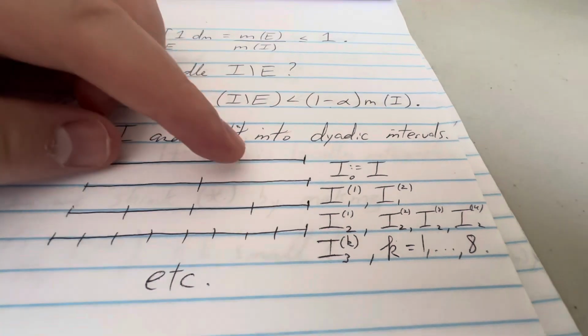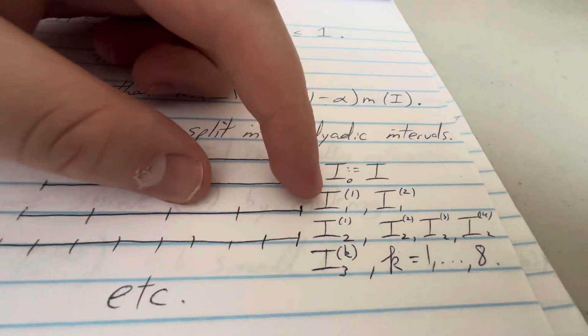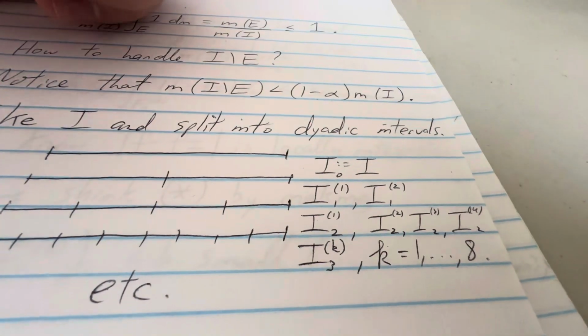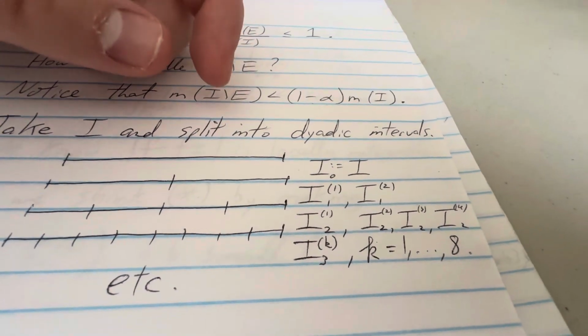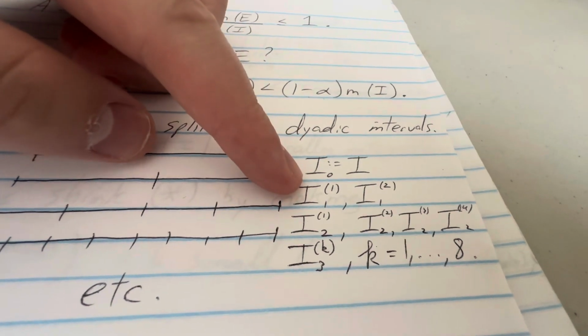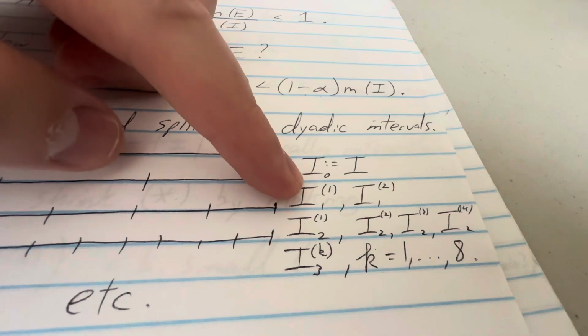Just as a reminder, if you're not familiar with dyadic intervals, we take this interval and split it up into two smaller intervals that are half the size of the original, and then you keep going for each subinterval that you create. For the first interval, I'm going to call it I0. In the second stage, when we refine, we call them I sub 1.